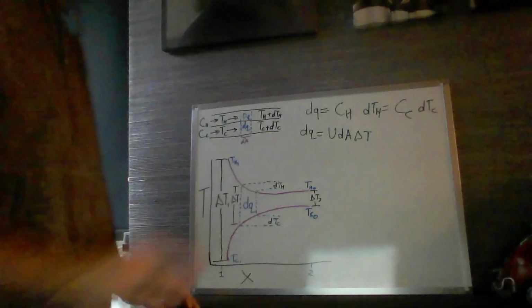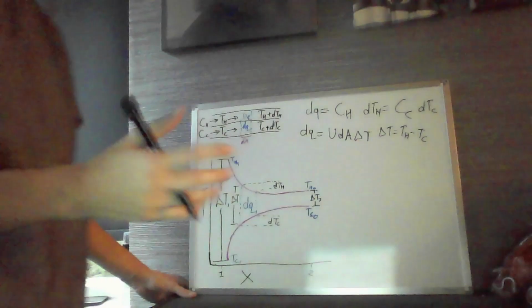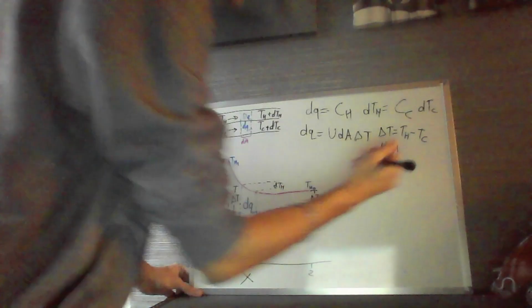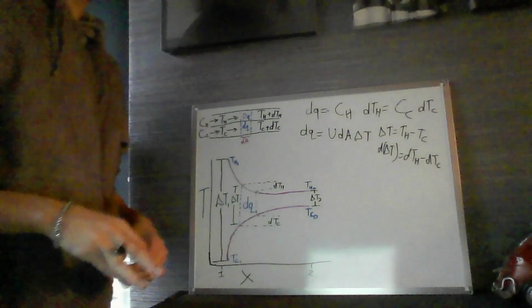So we can start off with delta T. We know delta T is simply the temperature of the hot minus the temperature of the cold. Nice and simple, right? So we also know that the derivative of delta T is the derivative of the two: the derivative of the hot minus the one of the cold, dTh minus dTc.